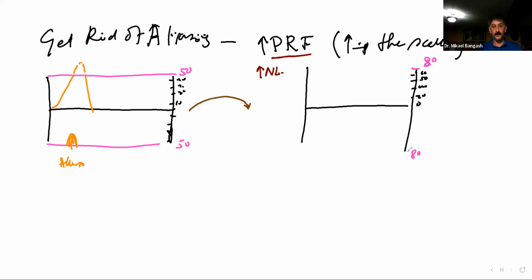Let's say our velocity in this case, the total, was 60 centimeters per second.